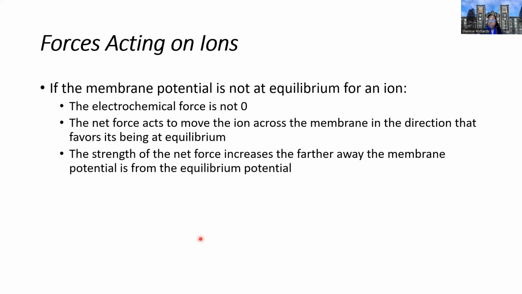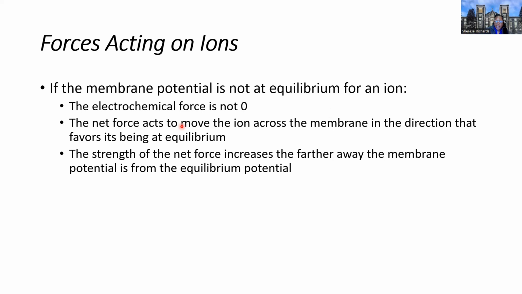Same for potassium. When the cell is at rest, potassium is going to want to move to arrive at its equilibrium potential. So if the membrane potential is not at the equilibrium potential for an ion, then there's going to be movement and the electrical force will not be zero. The net force acts to move the ion in a direction that is going to favor it becoming at equilibrium. So for potassium, that will be outside of the cell, right?